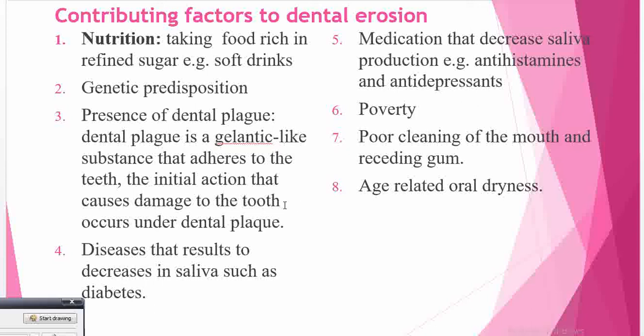Medication, some drugs, for example antihistamines. I hope you know them. We have antihistamines classified depending on the receptor, antihistamine 1 and antihistamine 2. You need to know what they do and how they affect, in terms of their mechanism of action, how they interfere with saliva production. Because you know that histamine H1 receptor antagonists normally reduce mucus production, and by that they also reduce secretion of saliva, because saliva has a component of mucus which lubricates food.